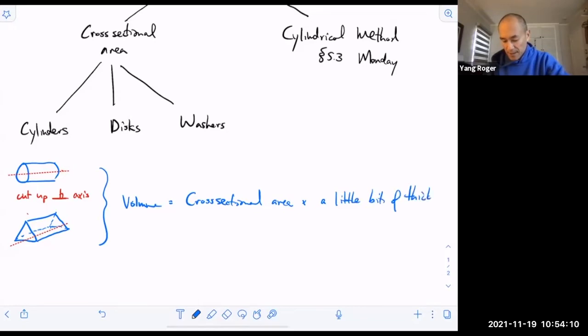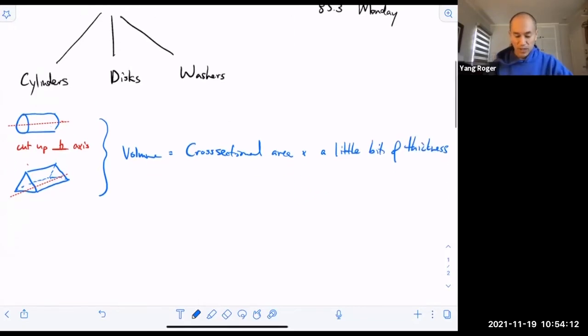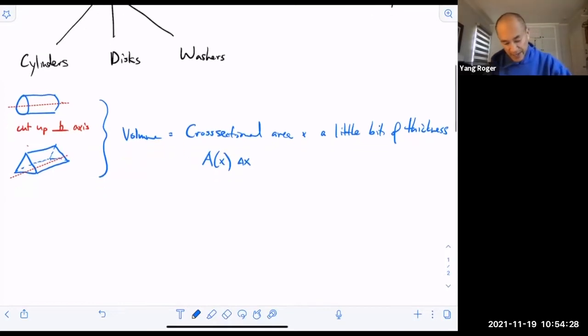Okay. So the way that we write this is we call the cross-sectional area A of X, and that little bit of thickness we call delta X. Like that. So in the circular cylinder case, the cross-sectional area is a circle, and then you have that little bit of thickness.